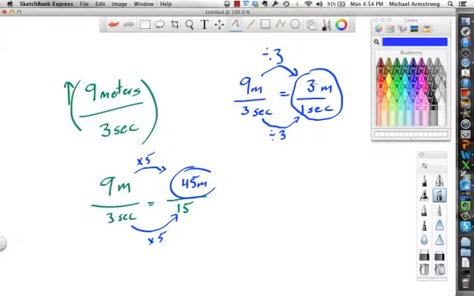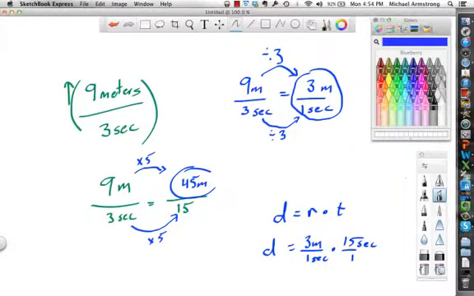So if you know it's up 3 meters every 1 second, distance equals rate times time. So our rate is 3 meters every 1 second. And we're going to multiply by 15 seconds. Okay? And over 1 so that our fractions look the same. Okay, and this is going to equal our distance.